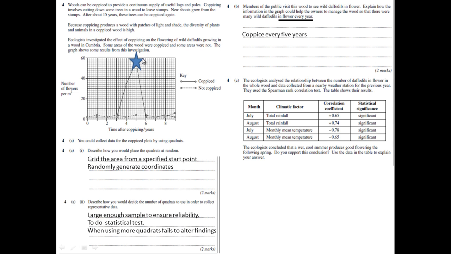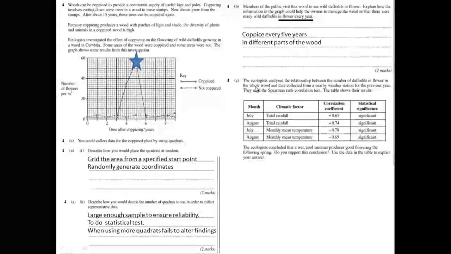That would be the first mark. Now, it says in flower every year, so you need a system whereby, regardless of what year it is, people can come and visit and see daffodils. The problem is if you coppice the whole lot, you'll end up having no daffodils for 3 to 4 years. So you need to coppice different parts of the wood every year, and that's the second mark.